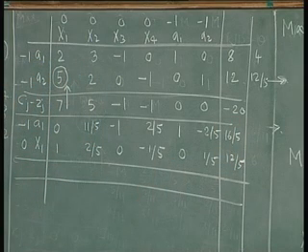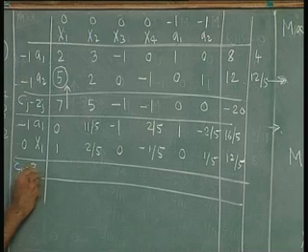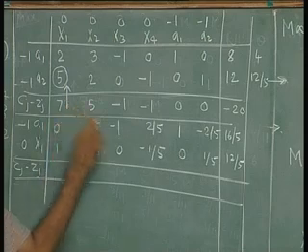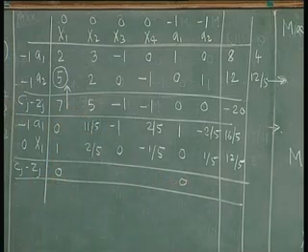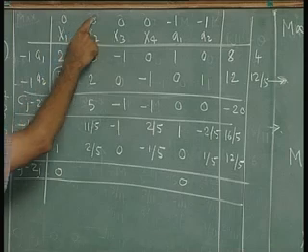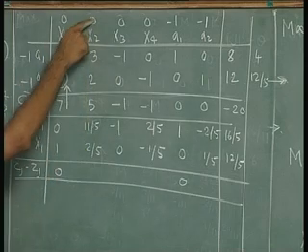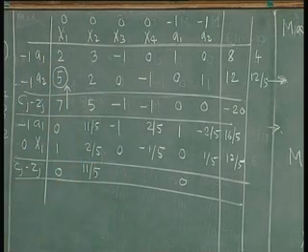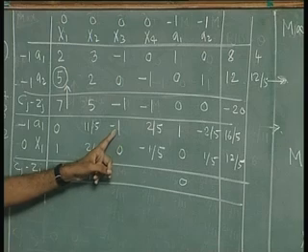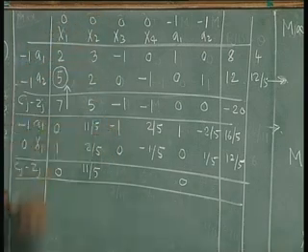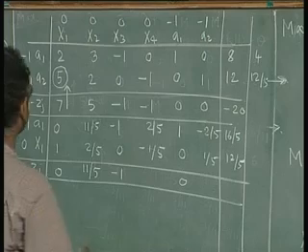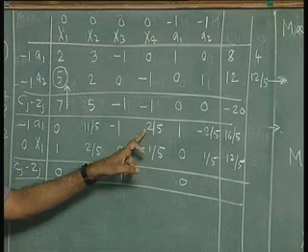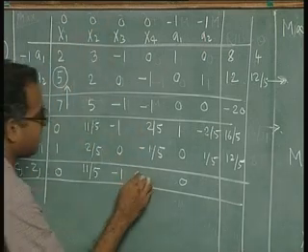Now, Cj minus Zj values: A1 and x1 will have 0. Now, this will be minus 11 by 5 plus 0 is minus 11 by 5, 0 minus minus 11 by 5 is plus 11 by 5, minus 1 into minus 1 is plus 1. So, 0 minus 1 is minus 1, minus 1 into 2 by 5 is minus 2 by 5, 0 minus 2 by 5 is minus 2 by 5.